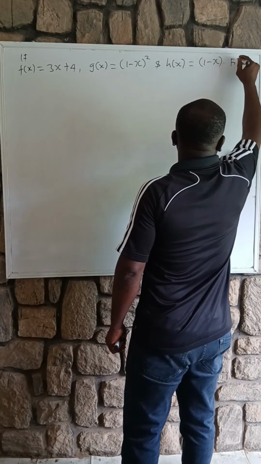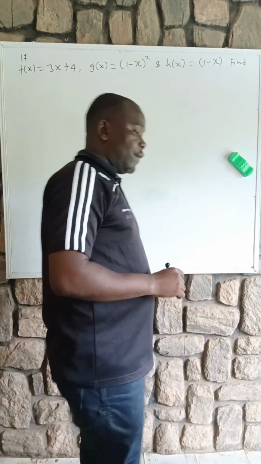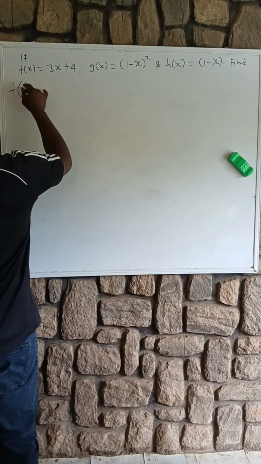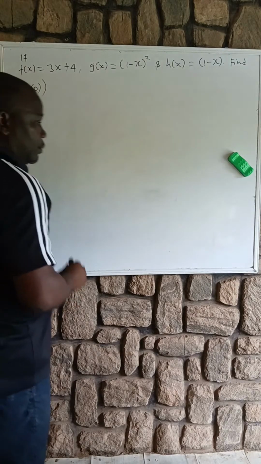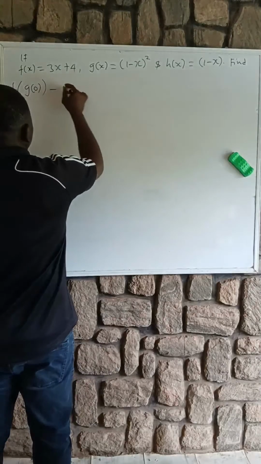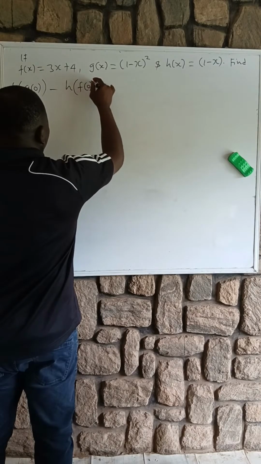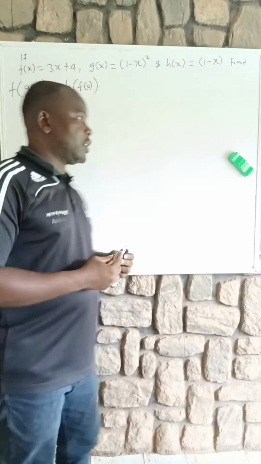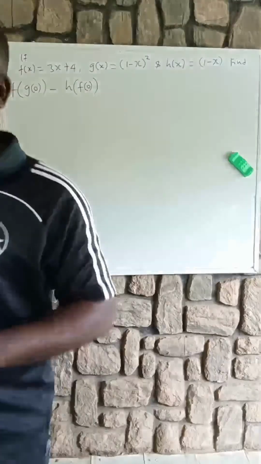It says find f of g, excuse me, then minus h of f. Okay, it's simple as ABC. Is that clear? I'm going to teach you, show you.